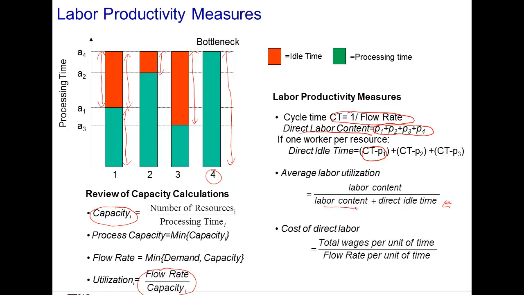Finally, we define the cost of direct labor as a ratio between the total wages per unit of time, for example, the number of workers times their hourly wage rate, divided by the flow rate per unit of time.